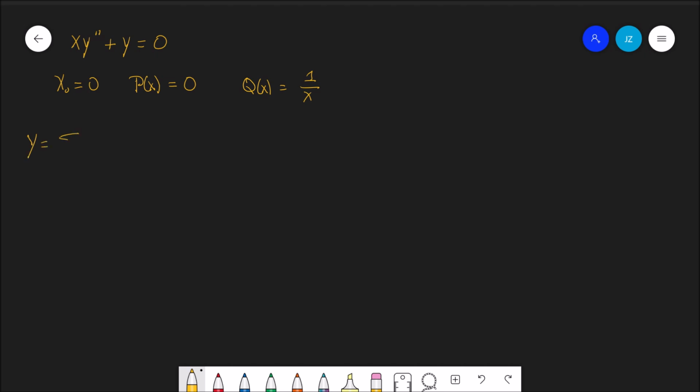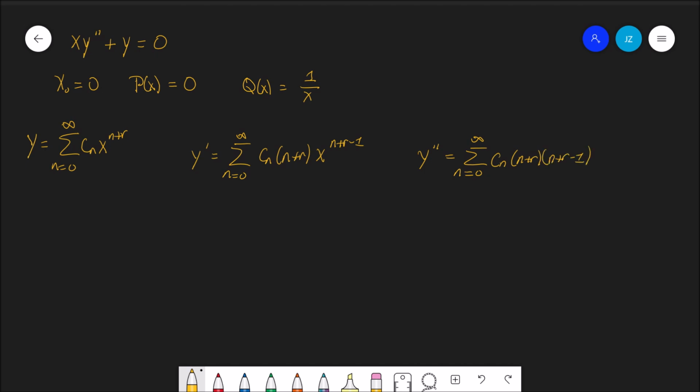So our solution will have the form: sum n equals 0 to infinity of c sub n x to the n plus r. y prime is the sum n equals 0 to infinity of c sub n times n plus r, x to the n plus r minus 1. y double prime is the sum of c sub n times n plus r times n plus r minus 1, x to the n plus r minus 2.